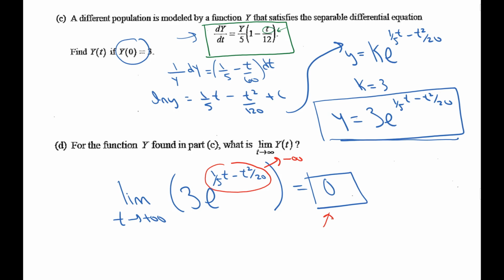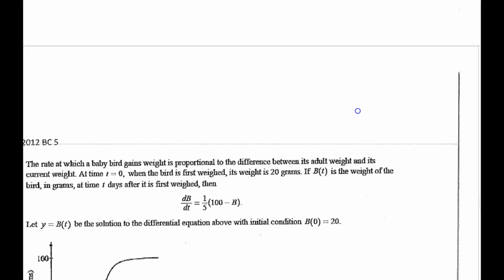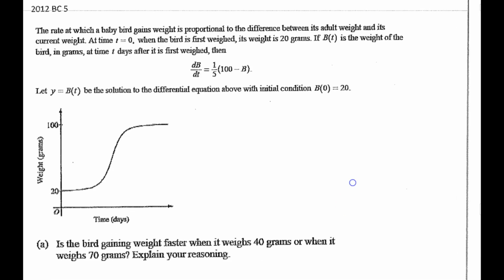Okay, so for homework, here's what I'd like you to do. There's a bird question right here. Please find the bird question, and then there is this question right here.